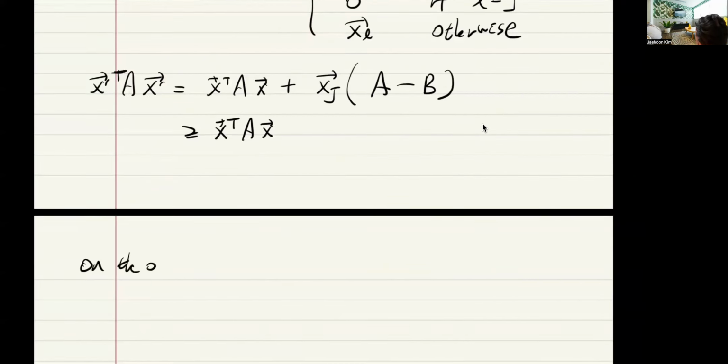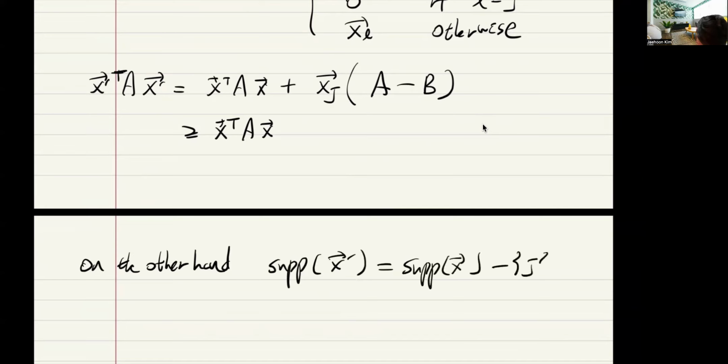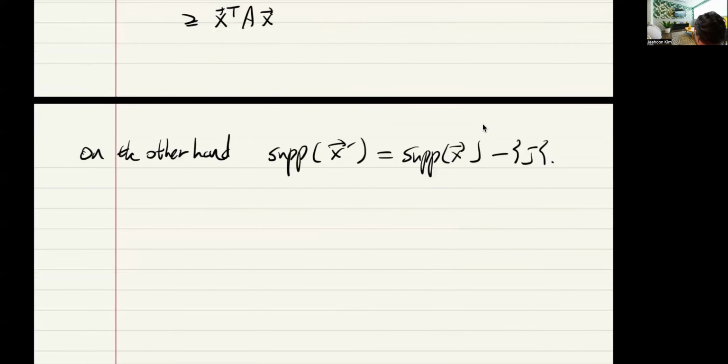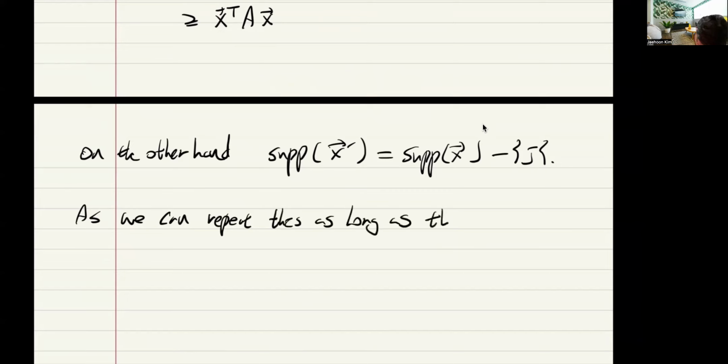On the other hand, the support of x prime is the support of x minus j. And we can repeat this as long as the support is not a clique.